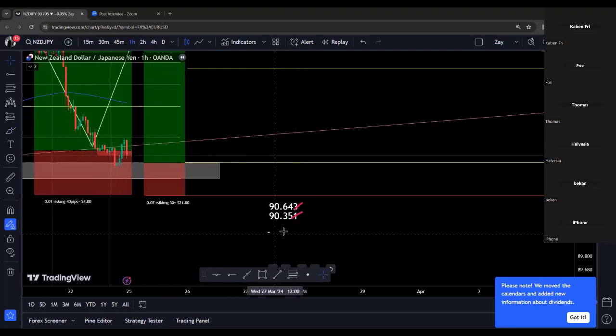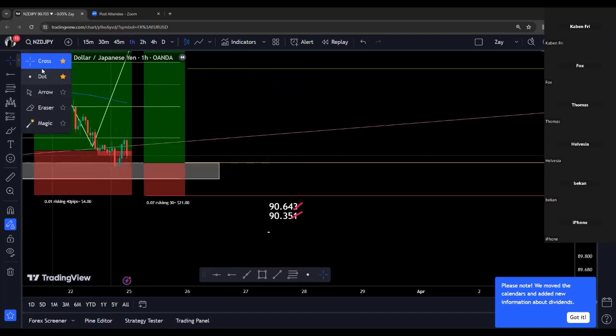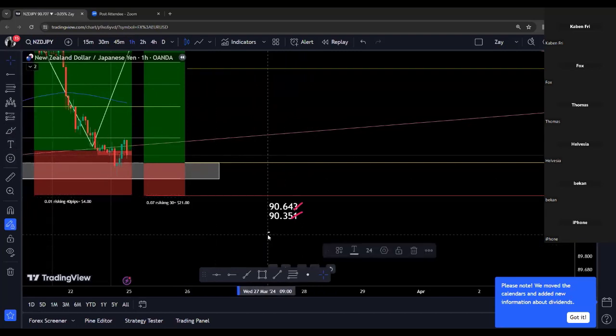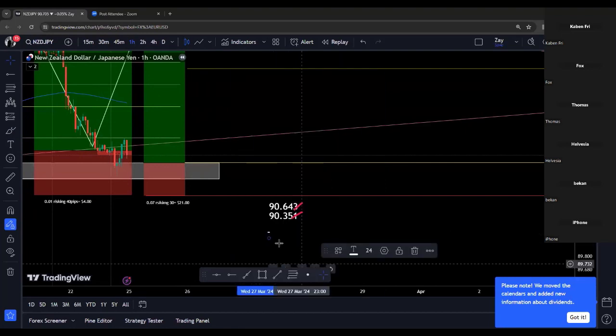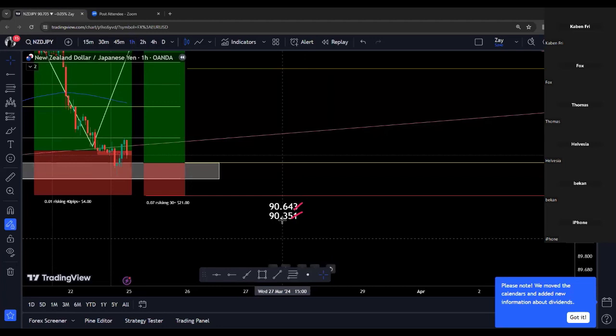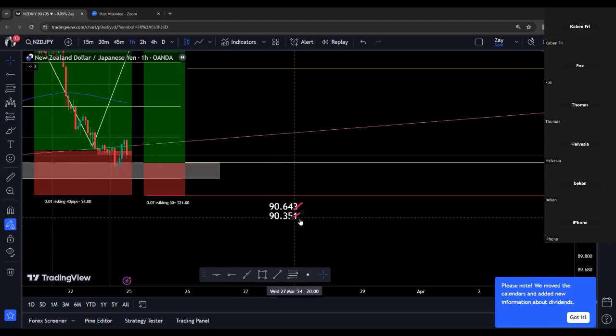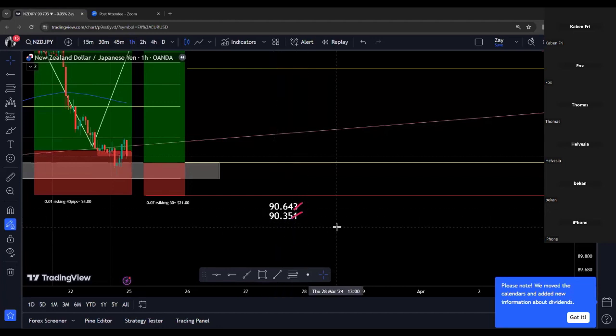So like I said, we're gonna forget all about that last digit. If you do the math to calculate your pips, you're literally gonna subtract 90.64 minus 90.35, and tell me what you get. 0.29.